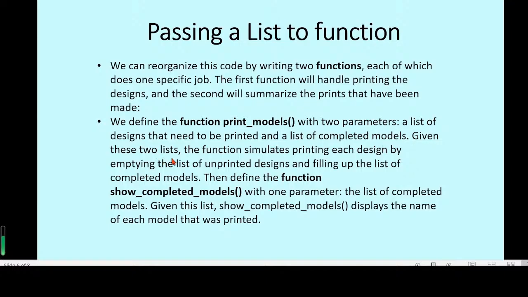Given these two lists, the function simulates printing each design by emptying the list of unprinted designs and filling up the list of completed models. Then we define a function called showCompletedModels with one parameter, the list of completed models. Given this list, showCompletedModels will display the name of each model that was printed.